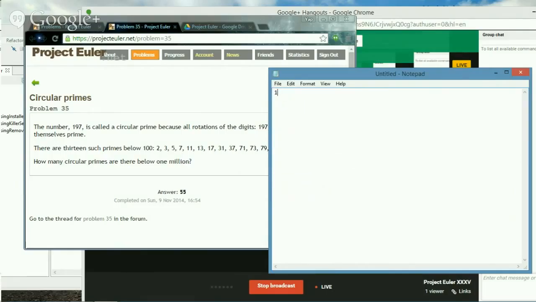Log 10 of 1 equals 0, log 10 of 10 equals 1, log 10 of 100 equals 2, log 10 of 1000 equals 3, log 10 of 10000 equals 4.